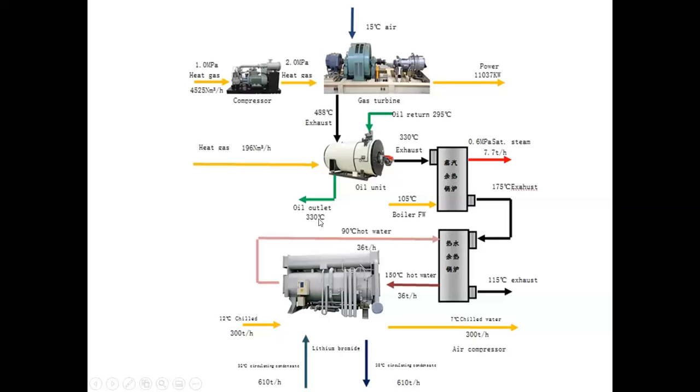Anytime I get into my cogeneration discussion, I want to pull this up because, man, we got one input up there, heat gas, and how many outputs do we have? We've got an output here of power. We've got an output here of hot oil. We got an output here of steam, and we got an output here of hot water that eventually turns into chill water. So what do we got?